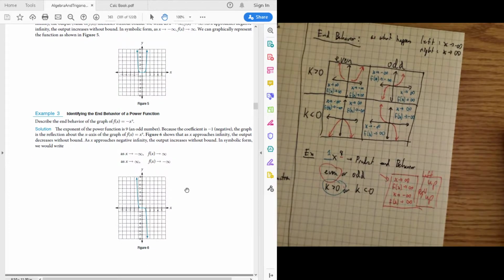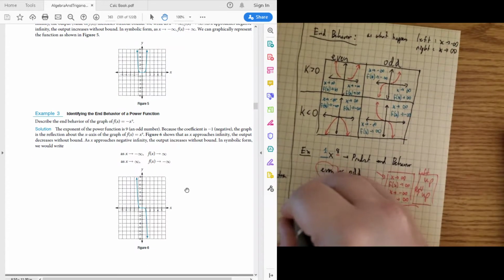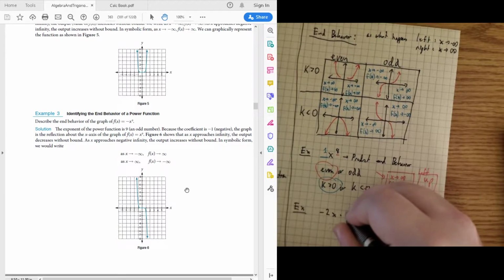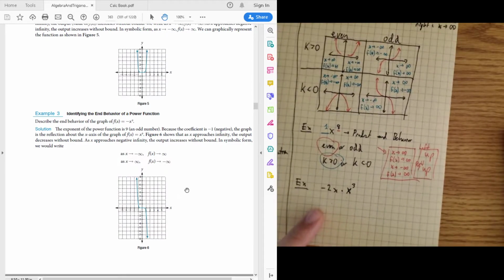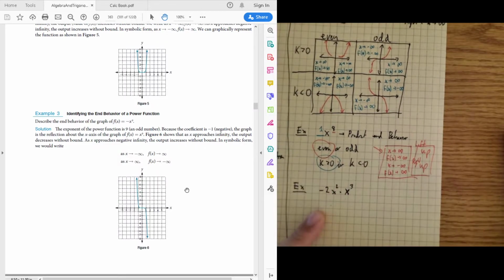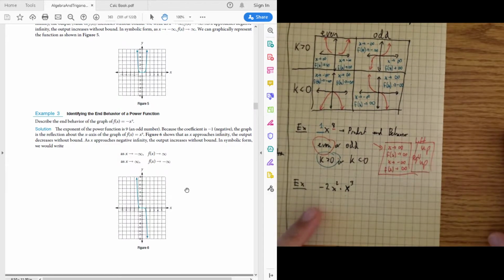So for example, if I gave a different one for the text, let's say negative 2x times x to the third, this is actually not yet a power function. I'd have to simplify it first so that I can actually get to a function that is useful. Okay, so let's do that.